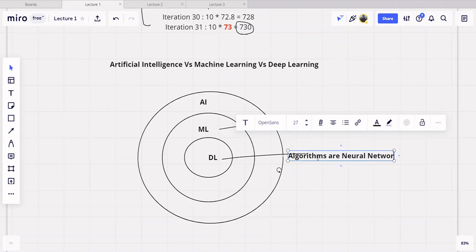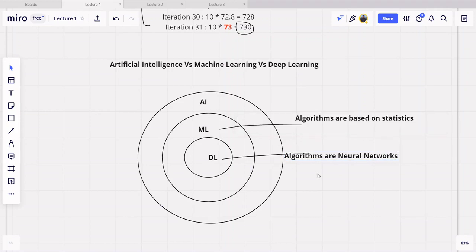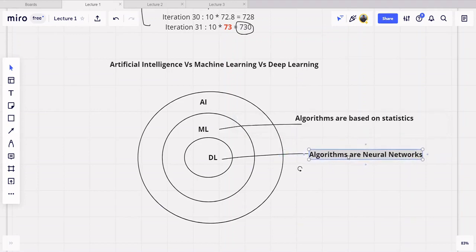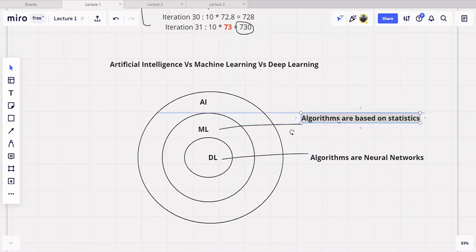So this is the only major difference between them. In deep learning we have neural networks, and in machine learning we have algorithms which are mostly based on statistics. Basically, the only difference between them is the type of algorithms that are used.